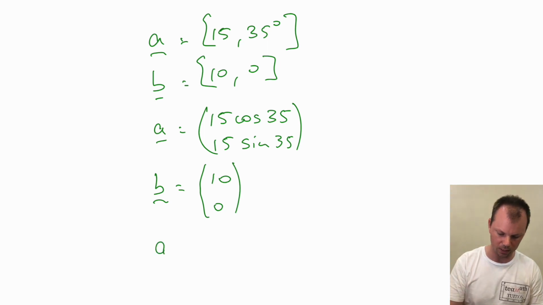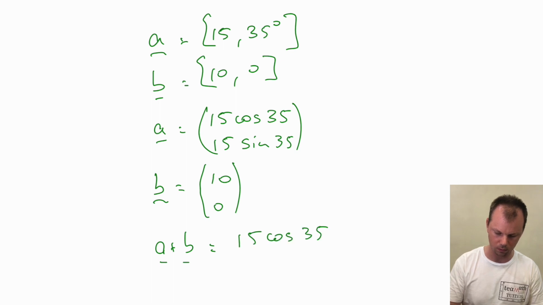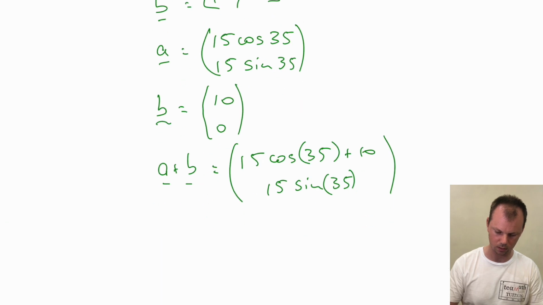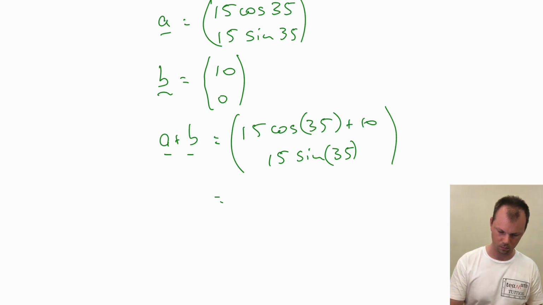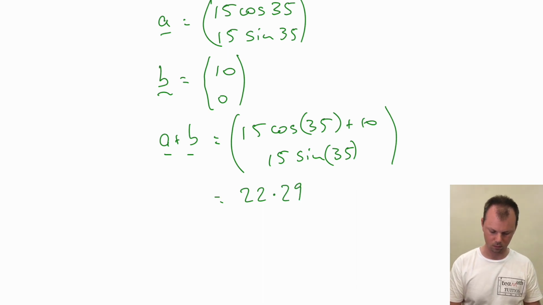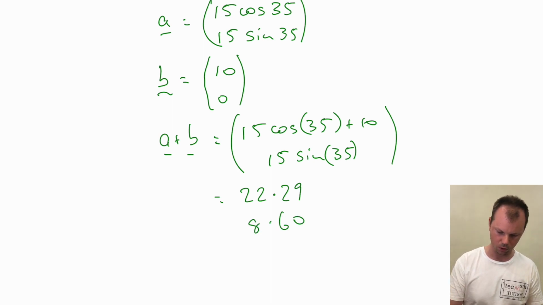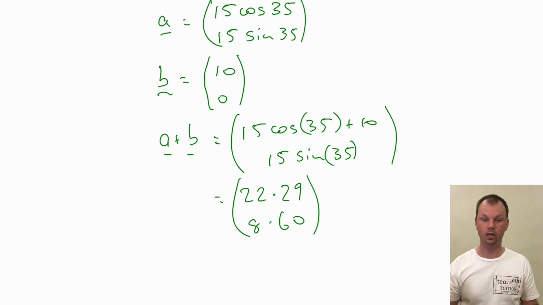So if I'm doing A plus B, I've got 15 cos. Let's input what that's equal to. We've got 8.60. Now, to convert that to polar form, we need to find the magnitude and the direction.